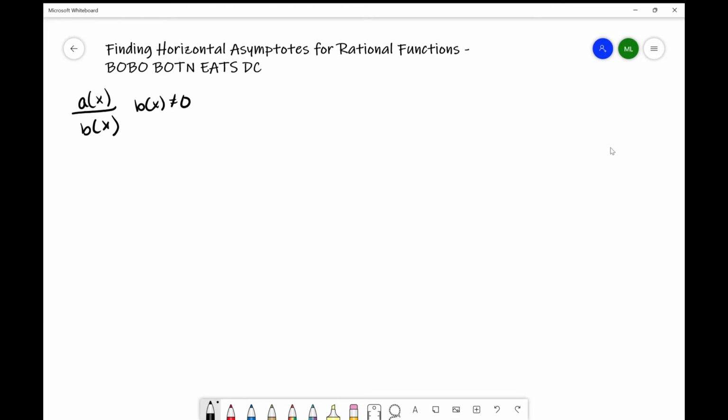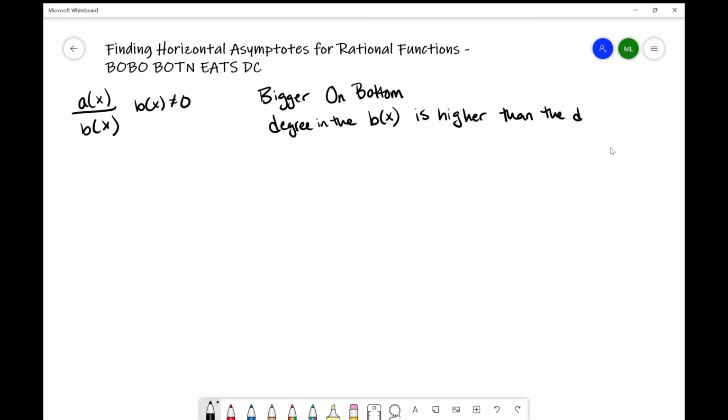So horizontal asymptotes. If you have Bob, bigger on bottom, let me emphasize the O there, on bottom, meaning that the degree in the polynomial b of x, meaning like x cubed and all that, is higher than the degree of a of x, the numerator, then we have a horizontal asymptote y equals 0.